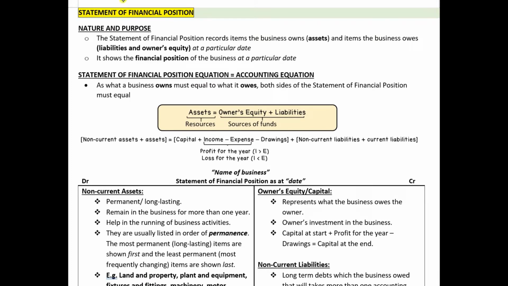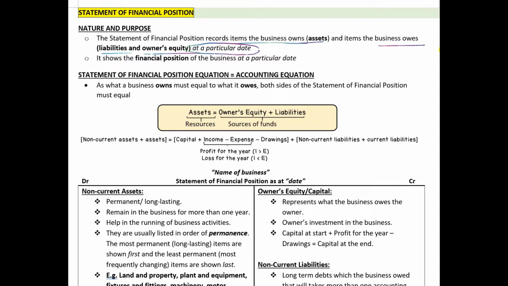So this financial statement will exactly be the accounting equation inside the statement of financial position, okay? So what it records is what the business owns, the assets, items that the business owns, and what the business owes, which is the liability and owner equity, at a particular date, okay?